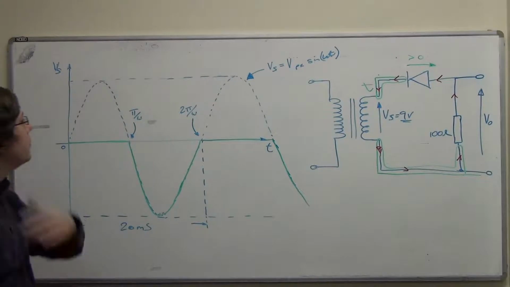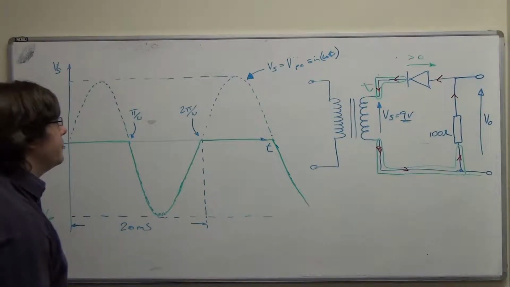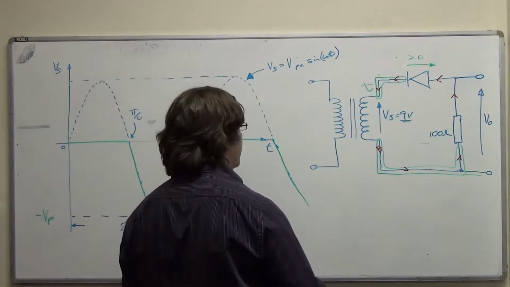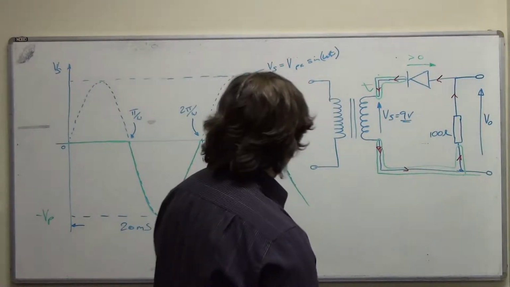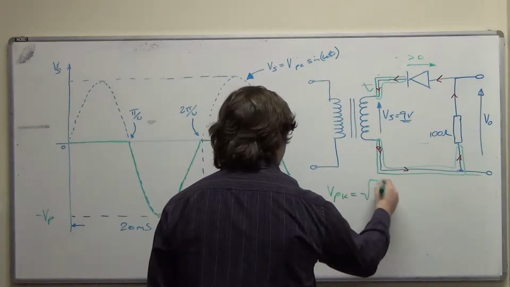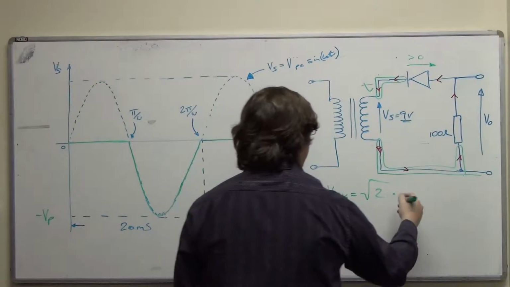And you really ought to know that for a sine wave, the relationship between the RMS value and the peak value is root 2. So we've got V peak is equal to root 2 times Vs.